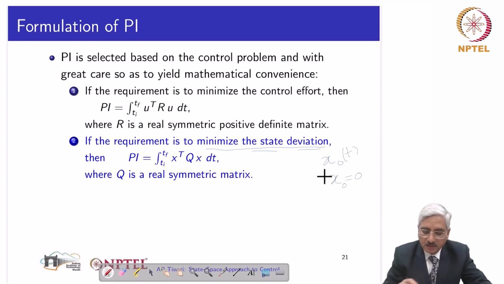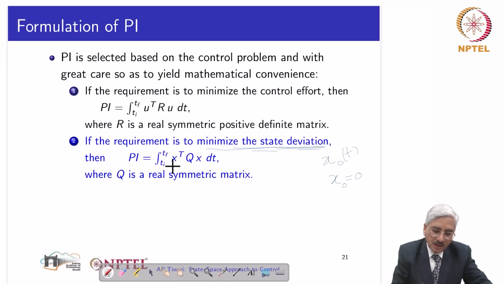So it is required to minimize the state deviation from the equilibrium value, x(t) minus x0(t), and we assume that the equilibrium is at the origin.